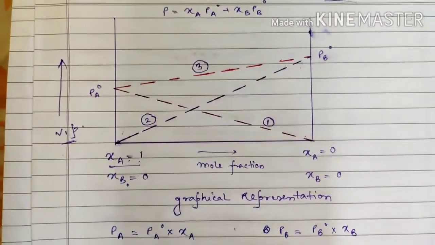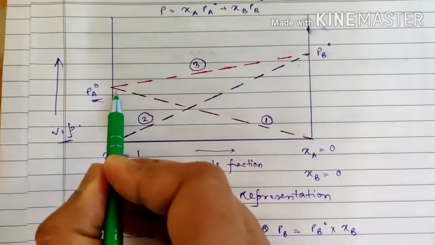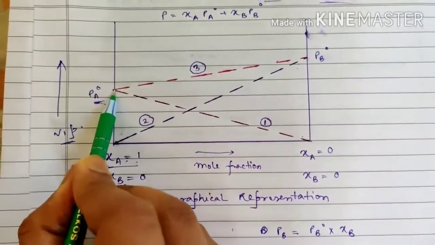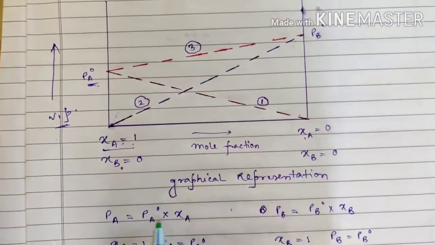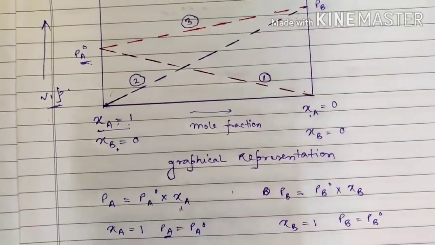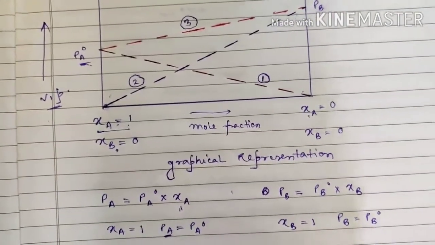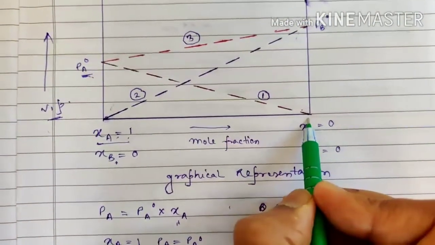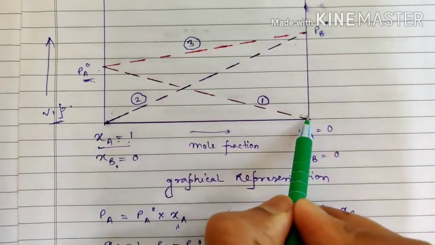That means PA, that is the vapor pressure, will be equal to PA0. So this point. And as you can see, if XA is equal to 0, PA should also be 0. That is what we have got. So if XA is equal to 0, the vapor pressure will be 0.